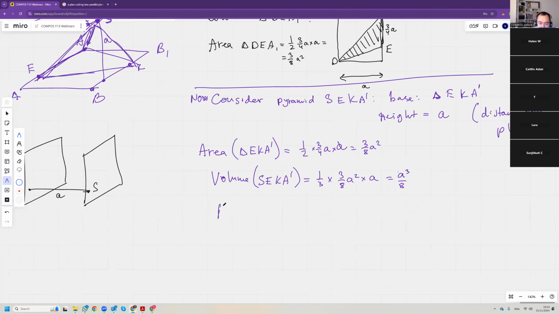So the total volume is A cubed over 8 plus A cubed over 8. That's A cubed over 4. That's the final answer.